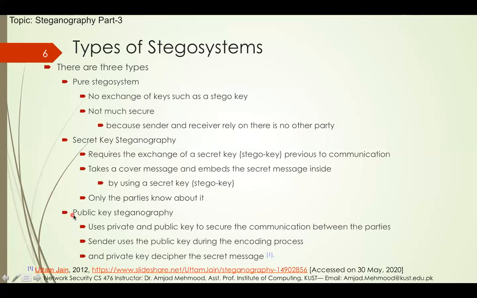So this is actually the asymmetric, where the public key steganography comes, that uses private and public key to secure the communication between the parties. So sender uses a public key during the encoding process, and private key to decipher the secret text, or get the secret information back. So these are the three strategies we normally consider in steganography.